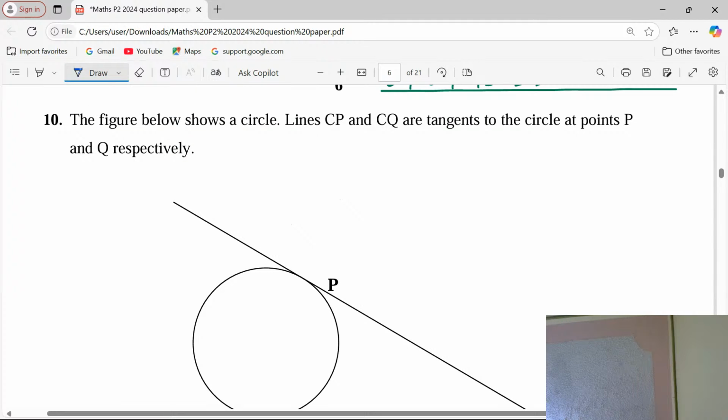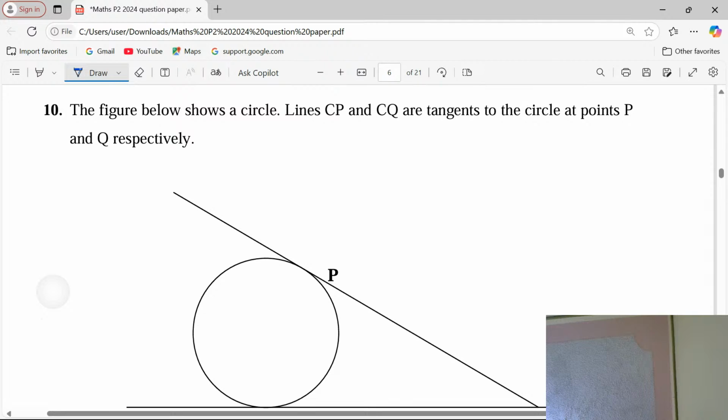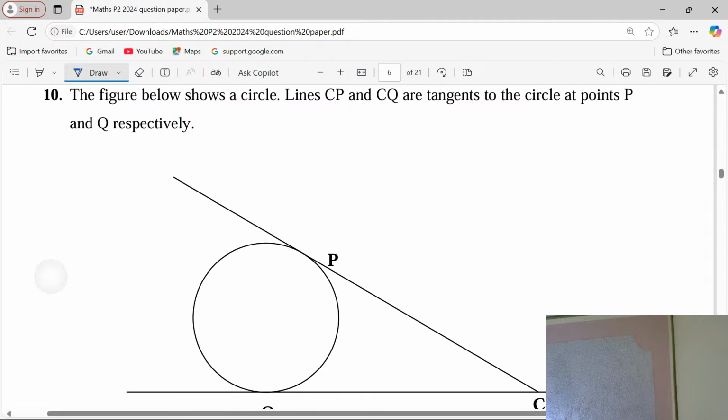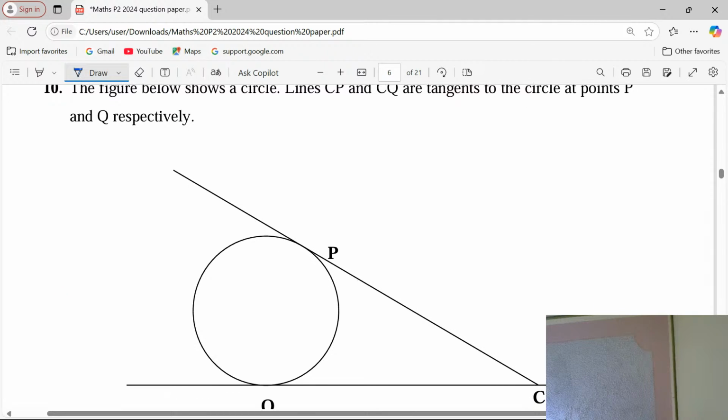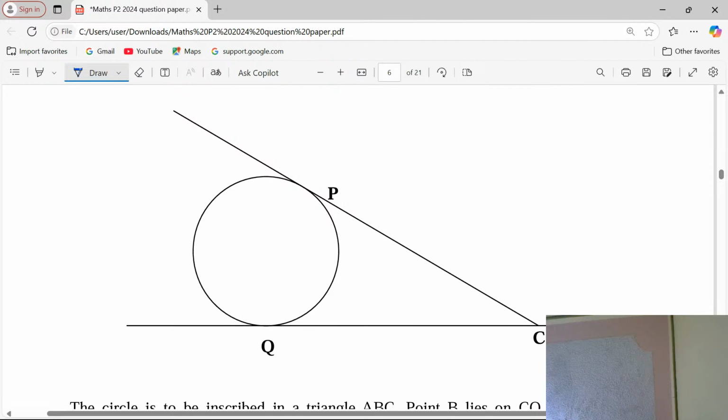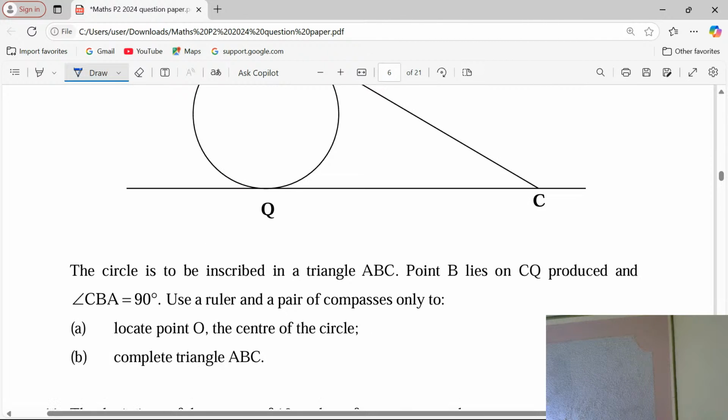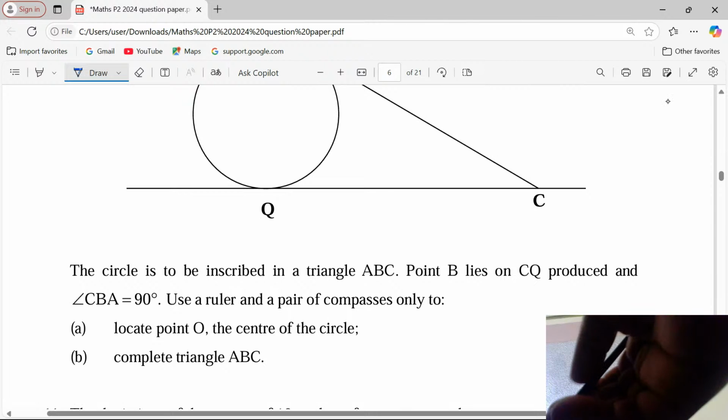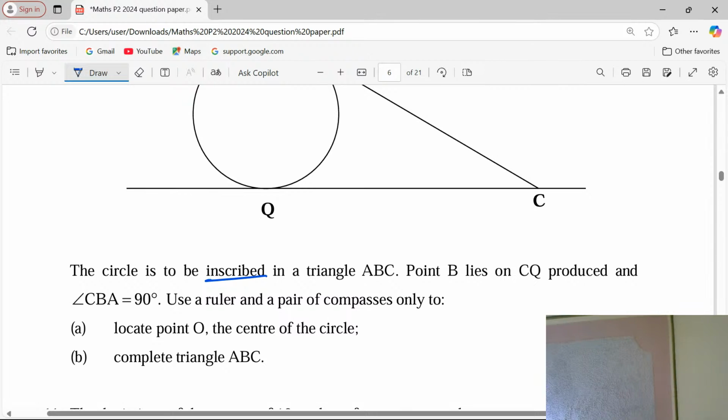Looking at number 10, the figure below shows a circle. Lines CP and CQ are tangents to the circle at points P and Q respectively, just as you can see. The circle is to be inscribed in a triangle ABC.